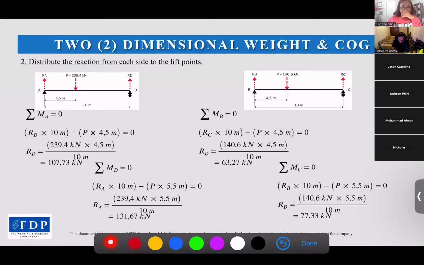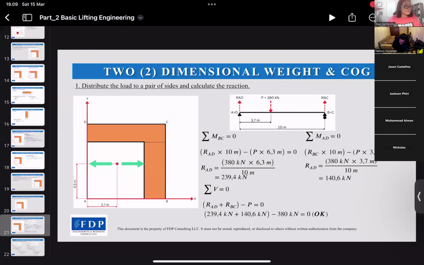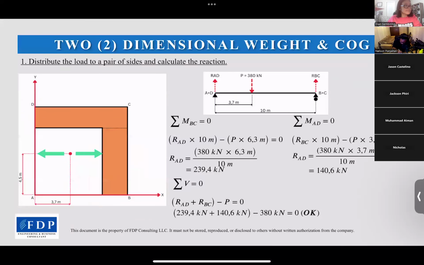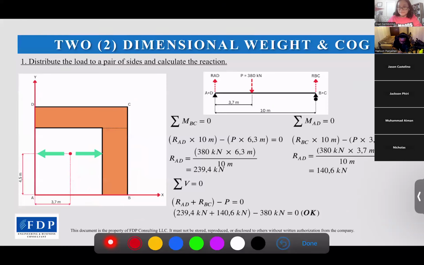For the reaction AD, we use that to get the reaction at A and D. For the reaction BC, we use that to get the reaction at B and C. So if we go back to this, first we distribute the reaction to here, right?